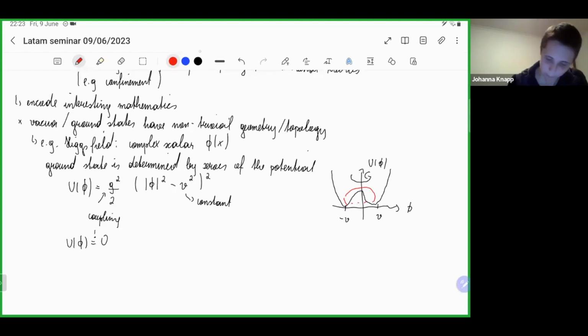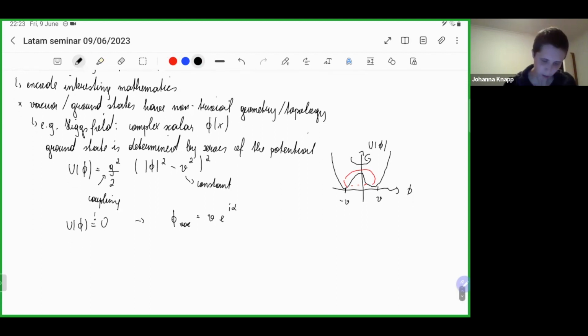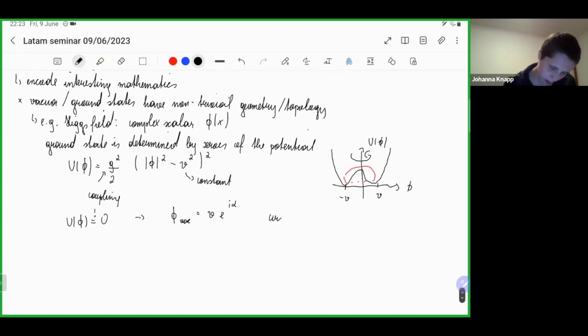That circle is actually what I mean by non-trivial geometry and topology. We study a theory, we consider its ground state, and we find that the ground state is like a mathematical object. So we have that the phi vacuum is v times e to the i alpha. It's a complex number describing a circle of radius v.